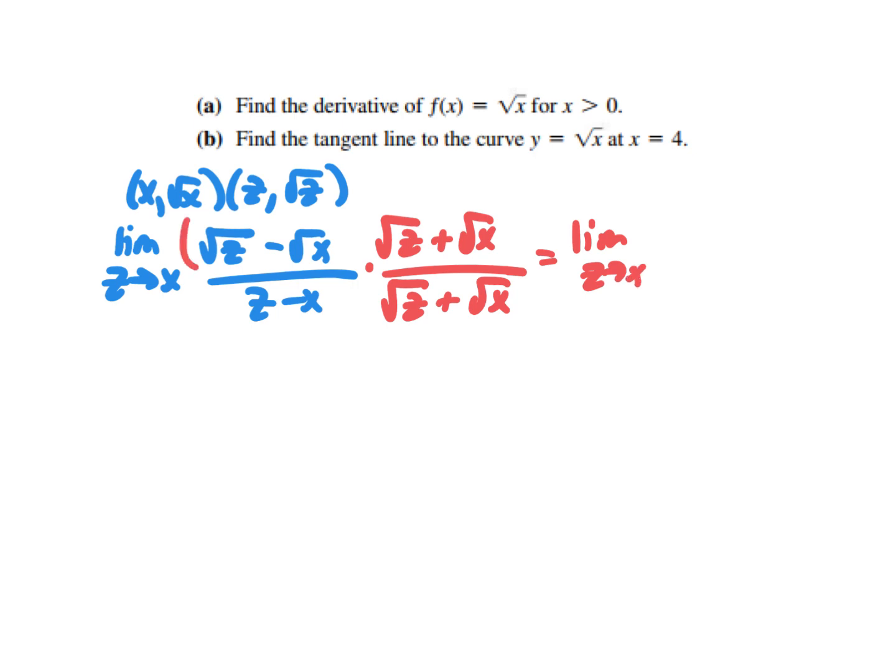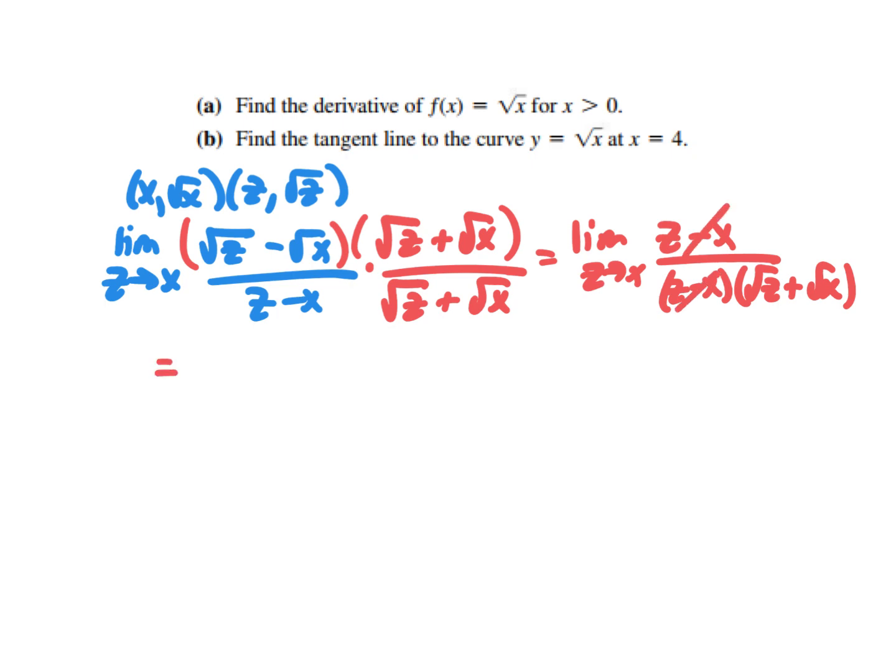And when I do all of my distributing in my numerator, I would end up with z minus x in the numerator, which cancels with the denominator. So I'm just left with a 1 in the numerator, and now when I replace my z's with x's, I would have a square root of x plus a square root of x in the denominator, which would end up to be 2 square roots of x.